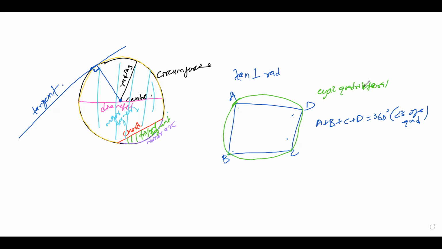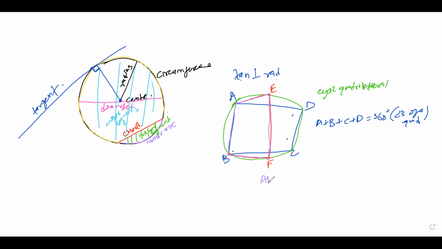But sometimes they give you more than 4 points. Maybe there's point E here. It also lies on that. But maybe the sketch goes like this. That's F. But they've told you that all these points A, B, F, C, D, E are on the circle. That means what you will take out of there is that if you look here, this is a four-sided shape, and the vertices, which are the corners of that four-sided shape, lie on the circle.